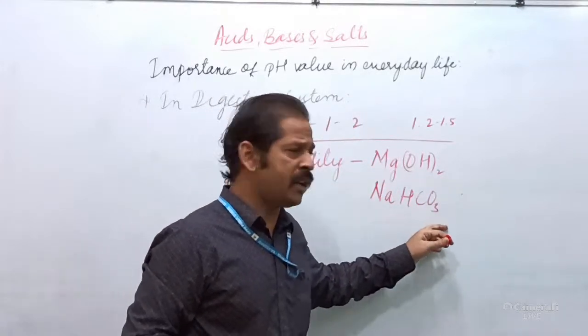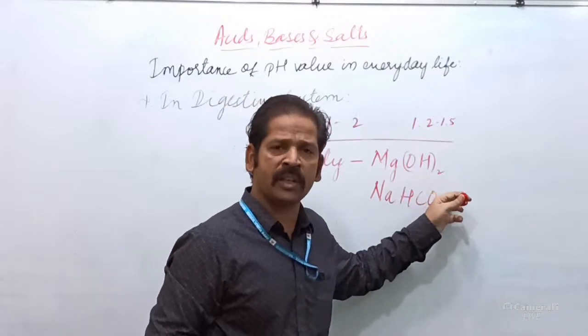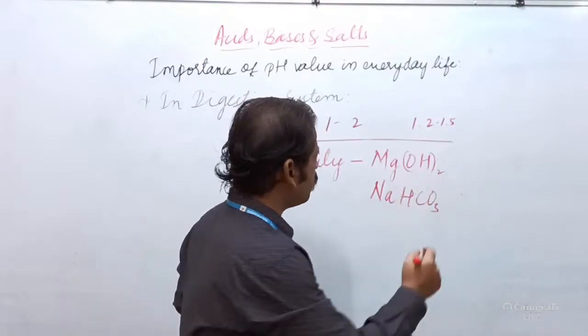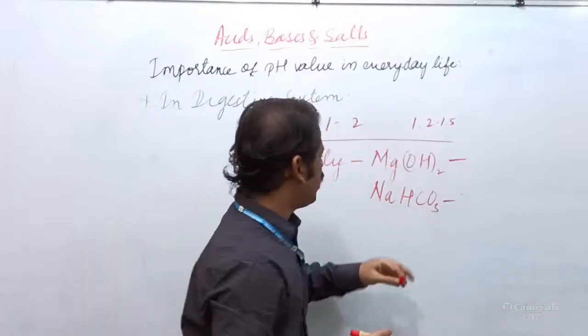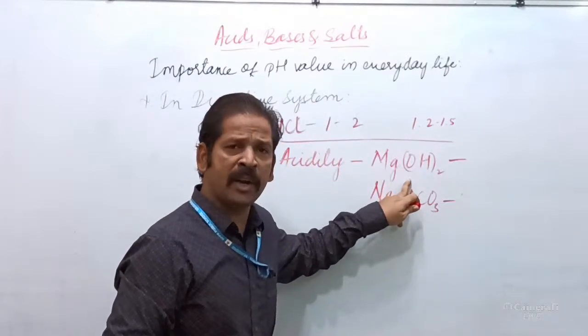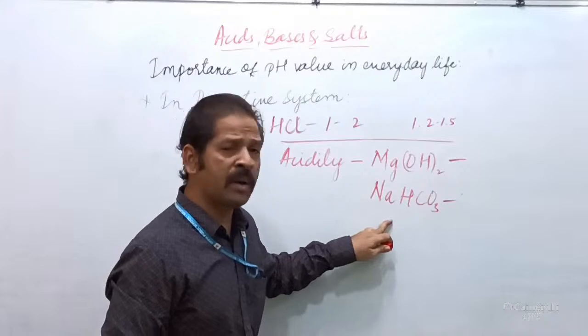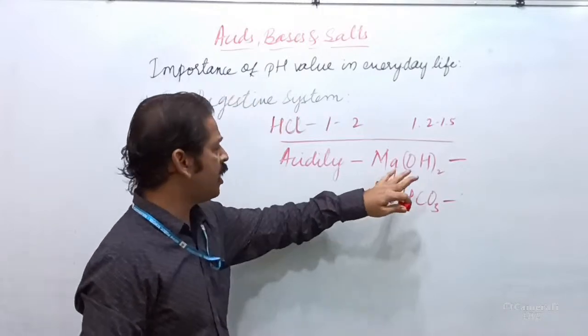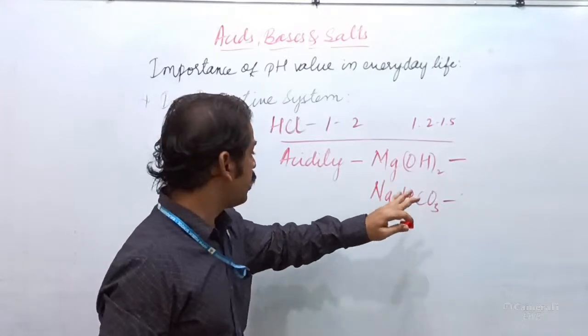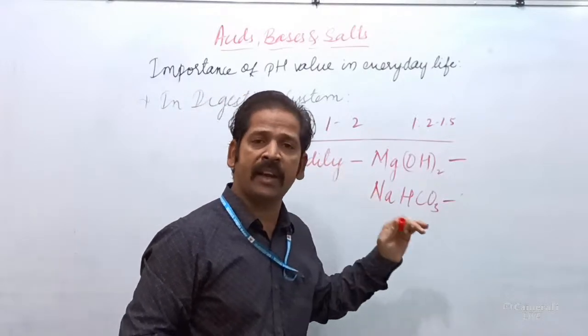Sodium hydrogen carbonate or magnesium hydroxide, we can use any one of them. By using any one of them, the acidity level will be decreased.